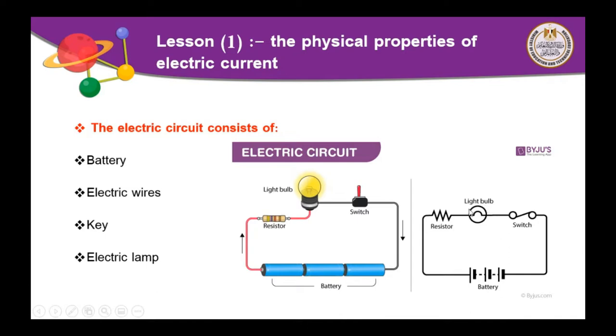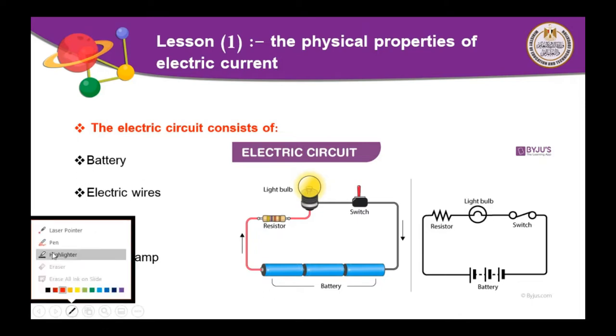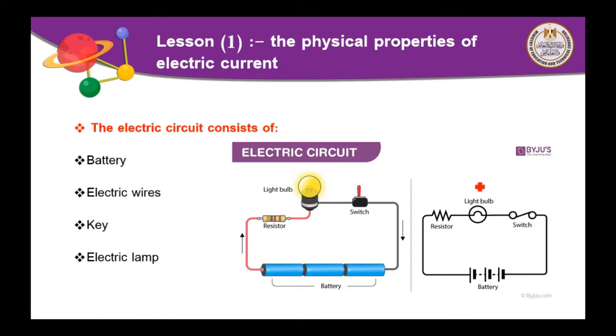A lamp can be represented by this shape or by this shape. Pay attention with me. A lamp can be represented by two straight lines and a circle, connected in the electric circuit.